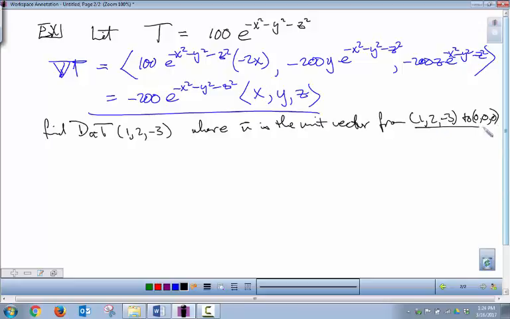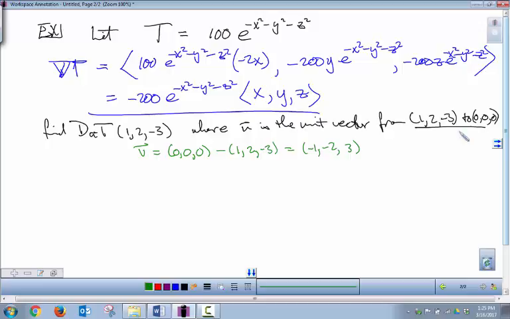So what we need to do is, first of all, figure out what this vector is. So let's say V is a vector that connects from what to what. It's going to be head minus tail. So the head is the end point where you're going to end at 0, 0, 0, and then the tail is 1, 2, negative 3. So this is going to be negative 1, negative 2, positive 3.